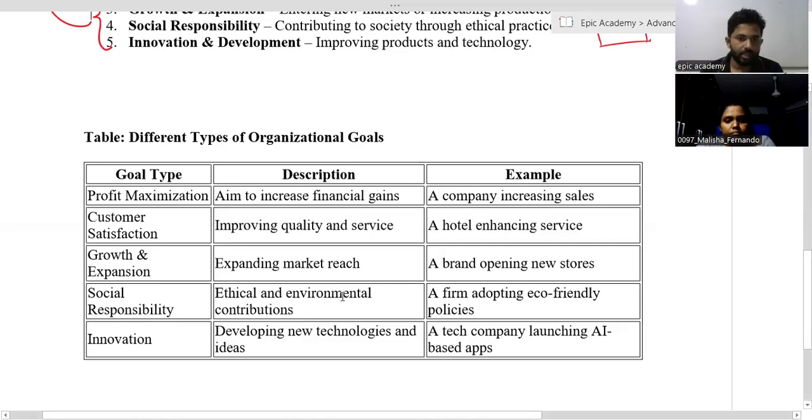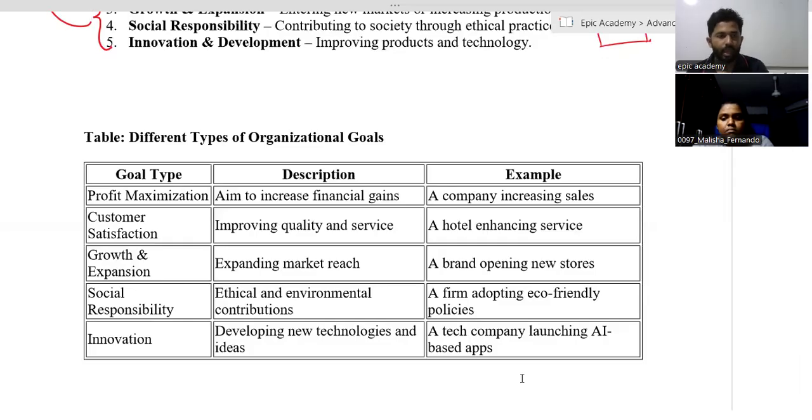Okay, right. Innovations. A tech company launching an AI-based app is an innovation. As an example, nowadays you can see the Google company releasing new AI technology, and Tesla company and different types of companies releasing free AI tools. Then you can use them, isn't it?